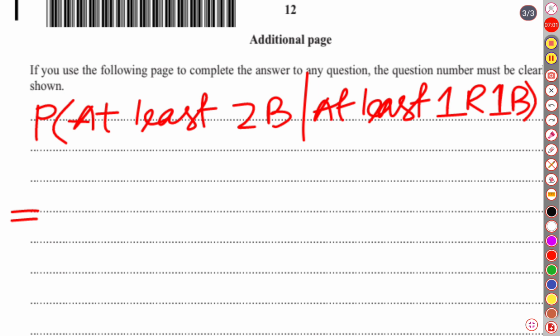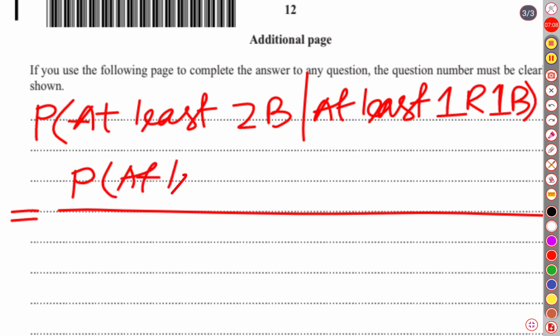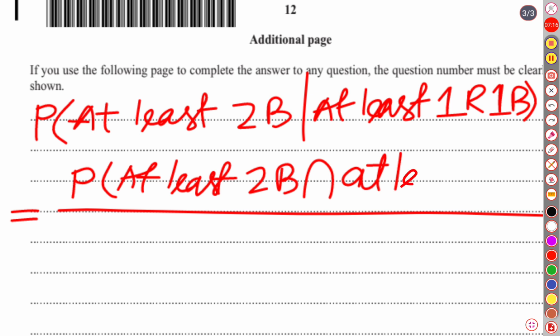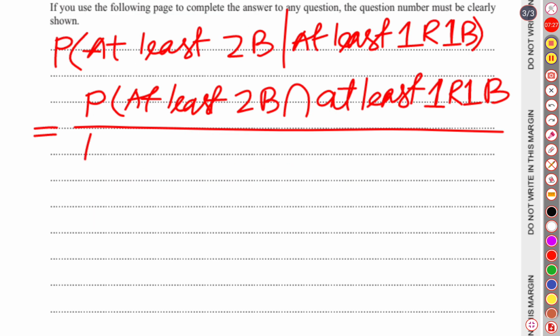This conditional probability is equal to the probability of at least two blue marbles, given that at least one red and one blue, at least one red as well as one blue, over the probability of at least one red, one blue.